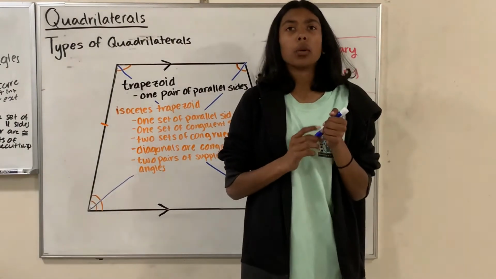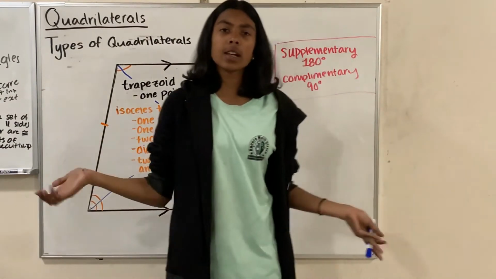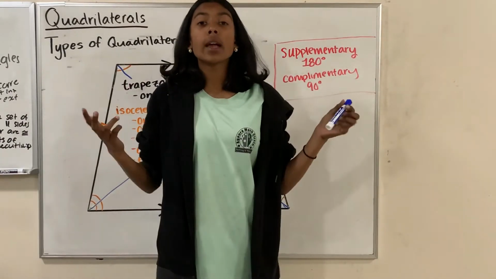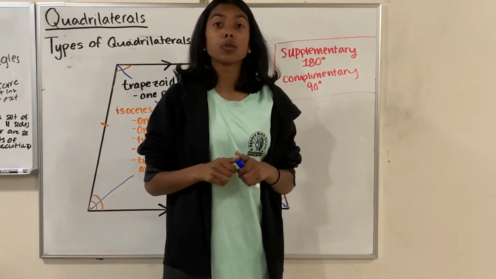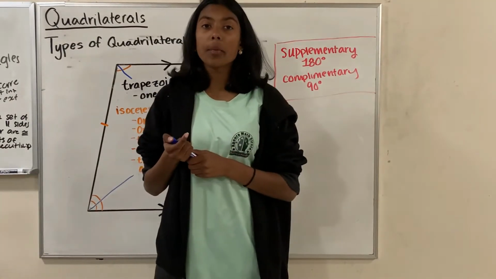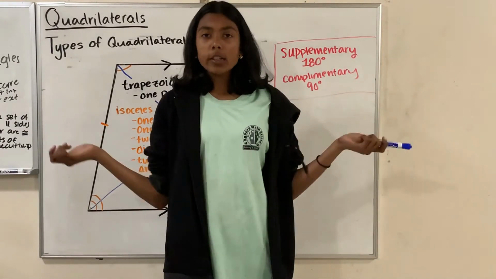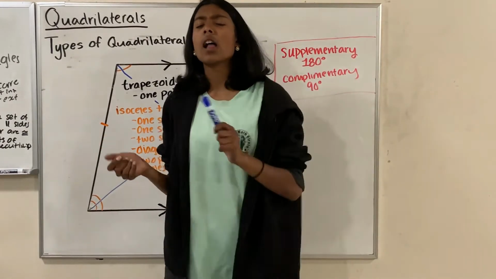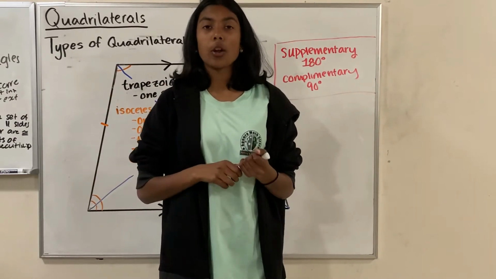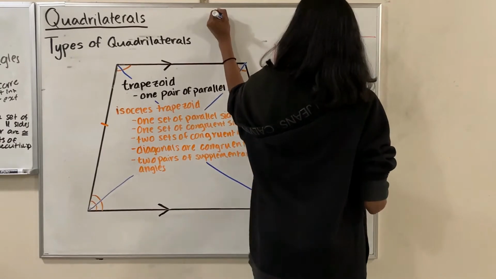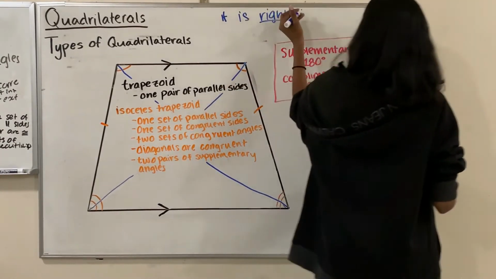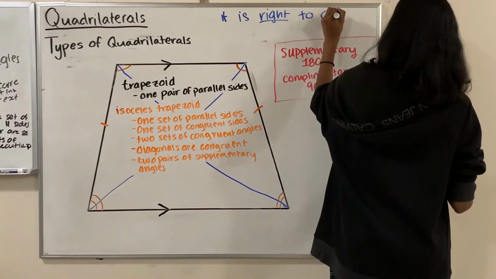You might not remember what complementary or supplementary means, so here's a bit of a quick review. Supplementary angles, meaning if 2 angles are supplementary, they add up to 180 degrees. And complementary, if 2 angles are complementary, they add up to 90 degrees. I usually get confused between the two until I learned a little trick, which is it is right to compliment someone.